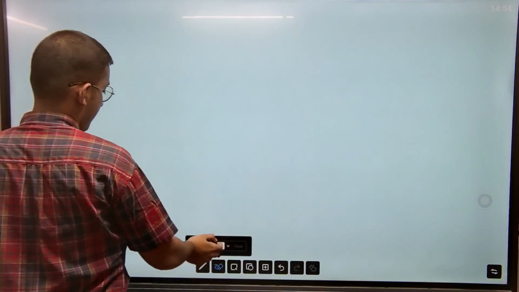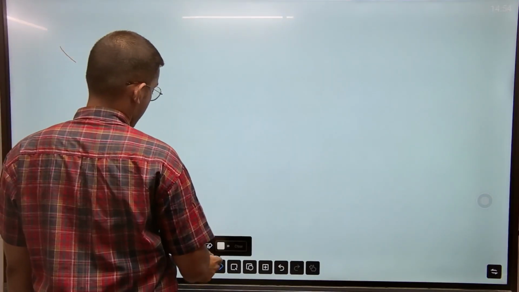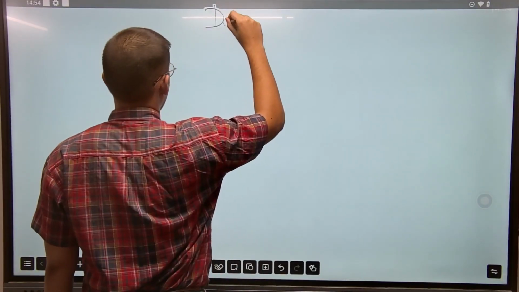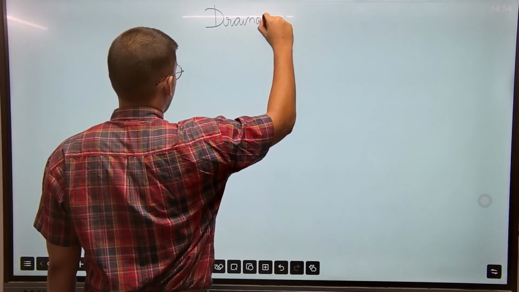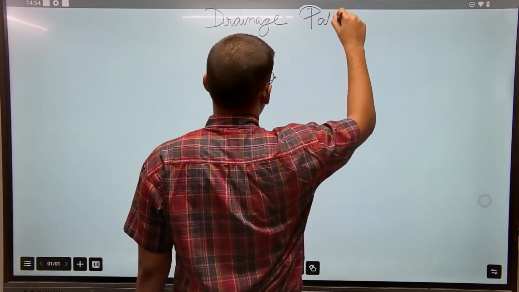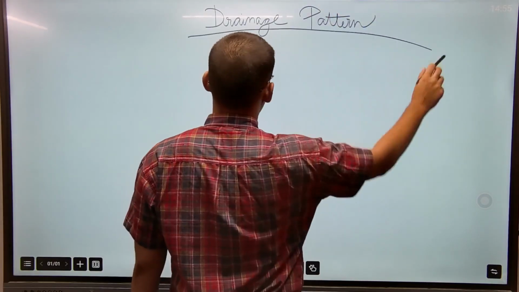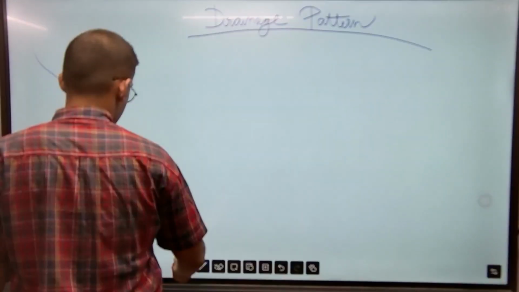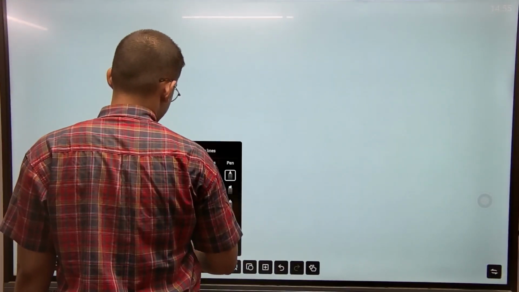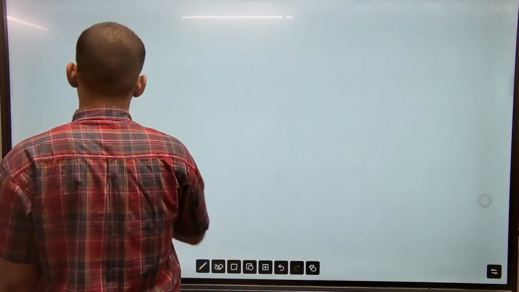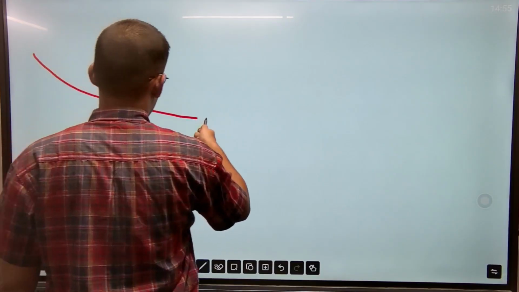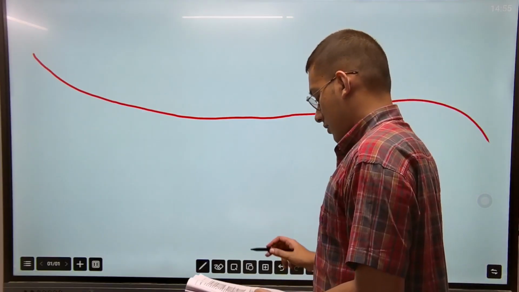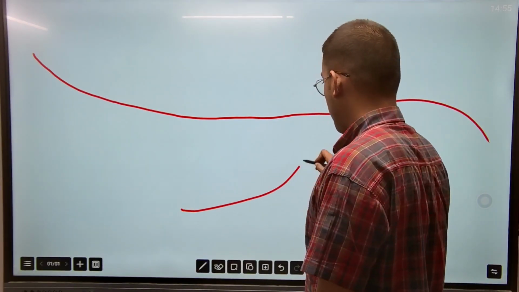Suppose this is a river. This is another river joining the main river.